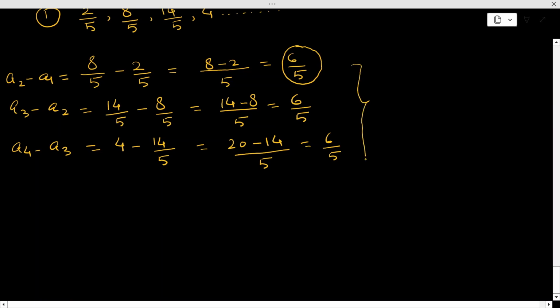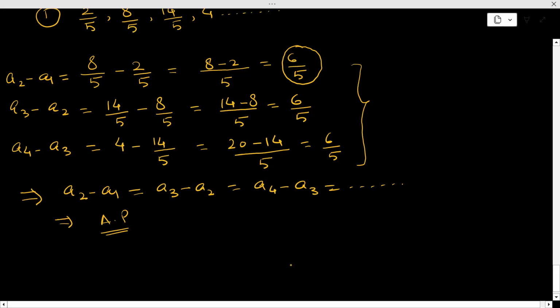From this calculation we can conclude that A2 minus A1 is the same as A3 minus A2, which is the same as A4 minus A3, and so on. Since the difference between two consecutive terms is the same, this implies that the given arrangement is an AP.